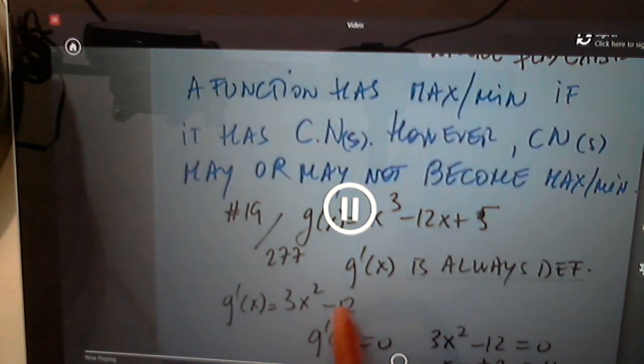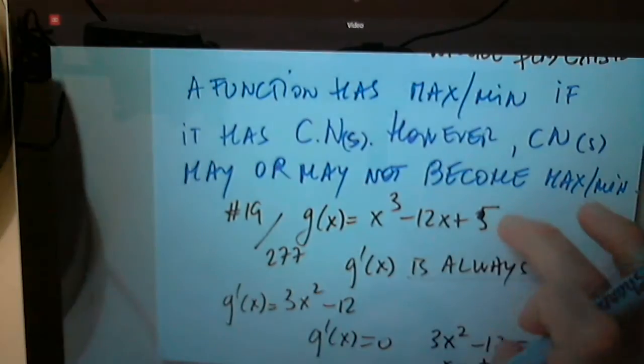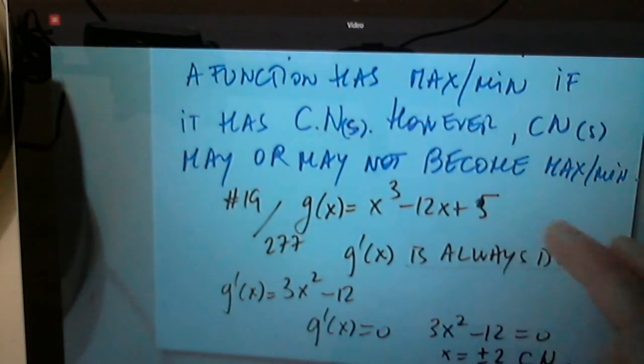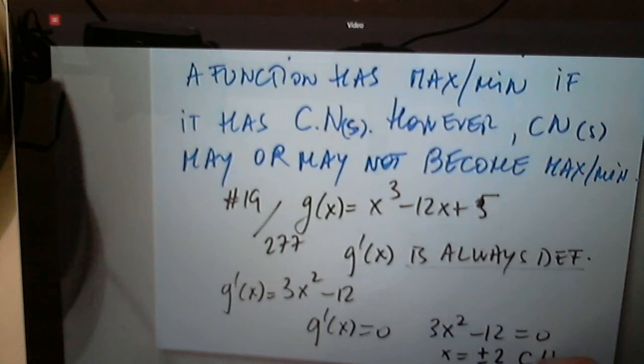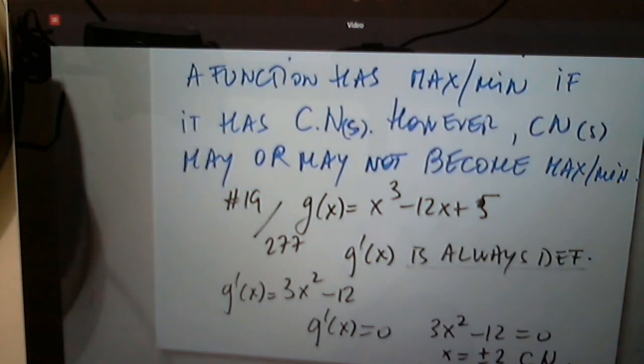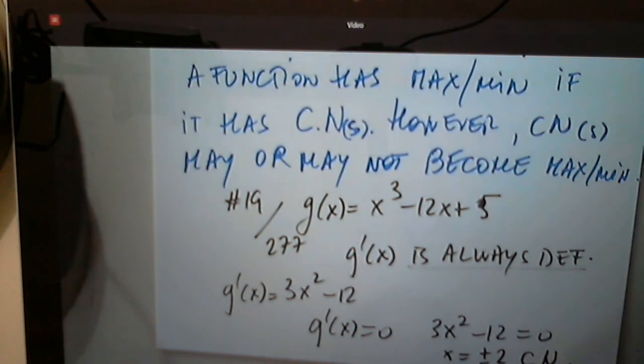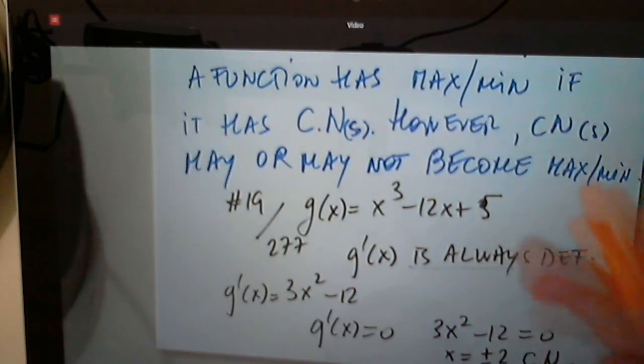This function would be guaranteed not to have max min if it didn't have any critical numbers, but it does. So when I solve this equation, I get plus or minus 2. This function has critical numbers. So it may have max min.